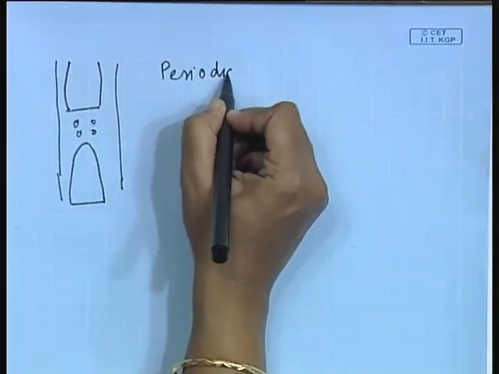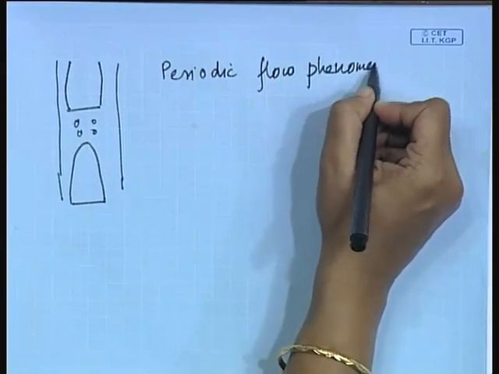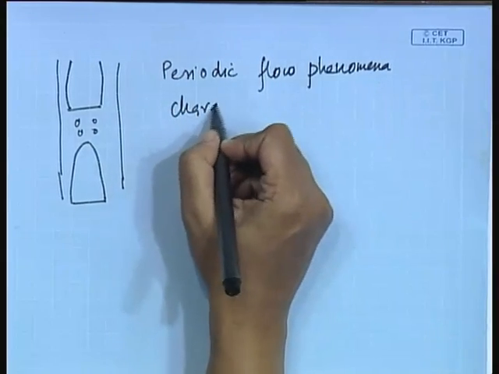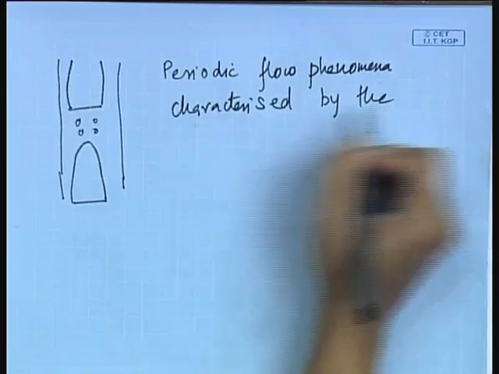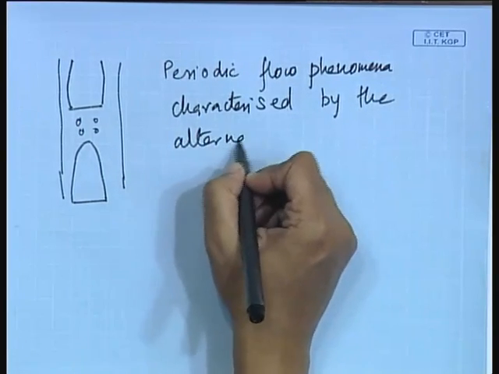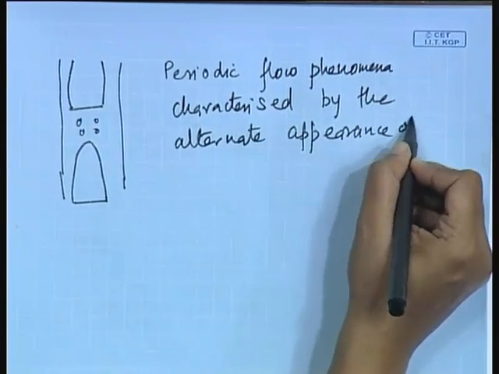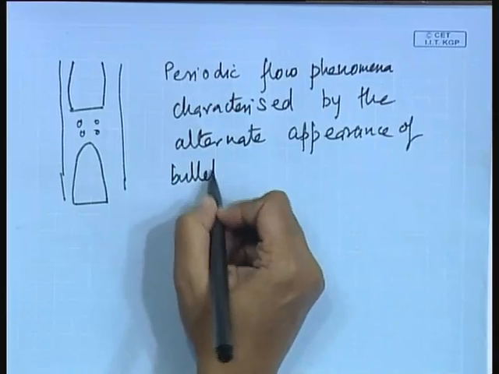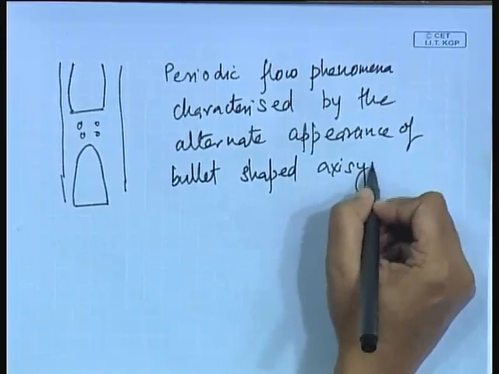So, therefore, the main characteristic of this slug flow pattern is the periodic flow phenomena or the intermittent flow phenomena, and this is characterized by the alternate appearance of bullet shaped axisymmetric, this is very important, Taylor bubbles.